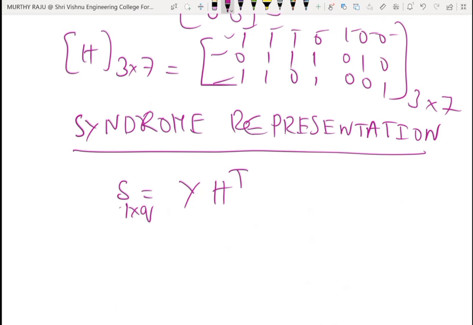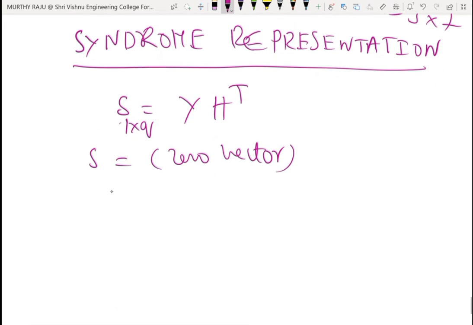If Y into H transpose is 0, that is, if the syndrome is a 0 vector, the received code word Y is the same as the transmitted code word. Y is equal to X.